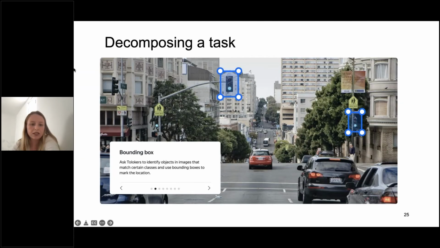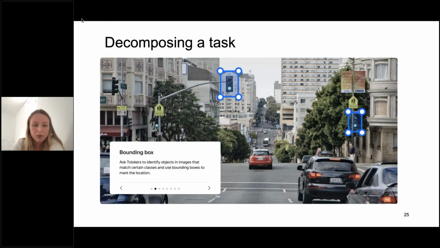And I would like to give you a short example here. Imagine that you are training a computer vision algorithm and you would like your algorithm to detect traffic lights. So basically what you need to do is gather a lot of labeled traffic photos with labeled traffic lights with bounding boxes.